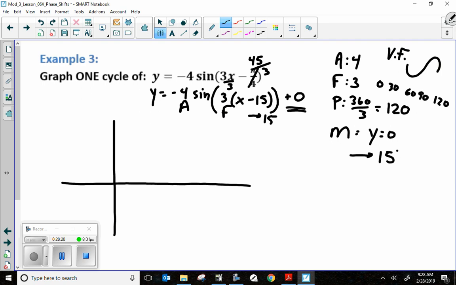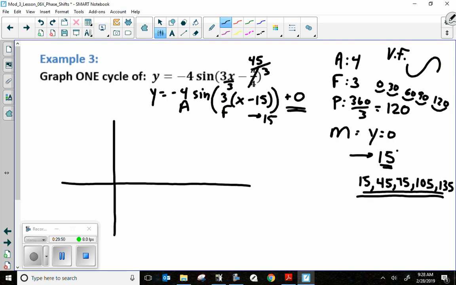These are the x values for my points. I'm going to add 15 to every single one of those. So 0 and 15 is going to start at 15. 30 and 15, my next one is going to be 45. 60 and 15 would be 75. 90 and 15 would be 105. And 120 and 15 would be 135. These are my x-axis values for the points I'm going to put.